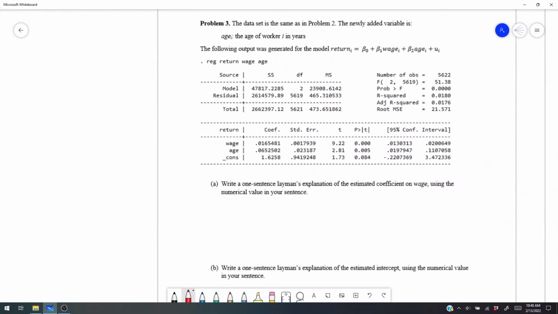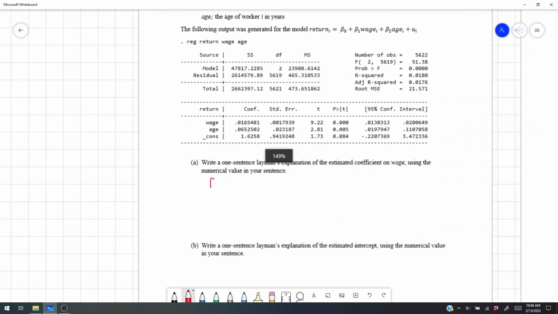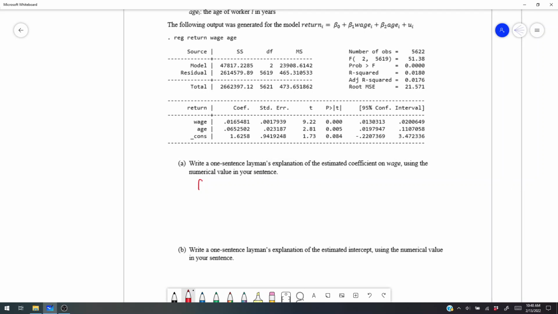I'll say it because I know this thing is going to try to jump around if I try to write the whole sentence.